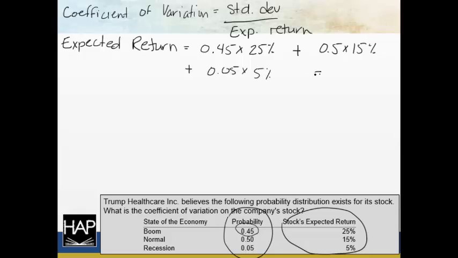So that gives me an expected return of 19% on the stock. Again, that's the expected return.